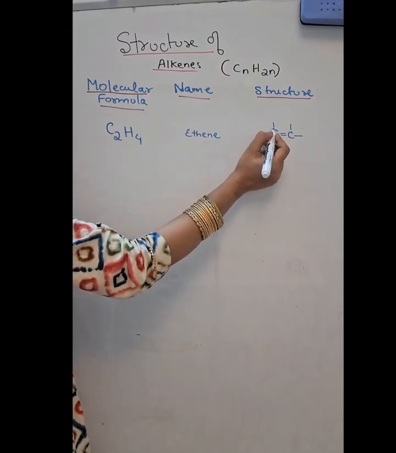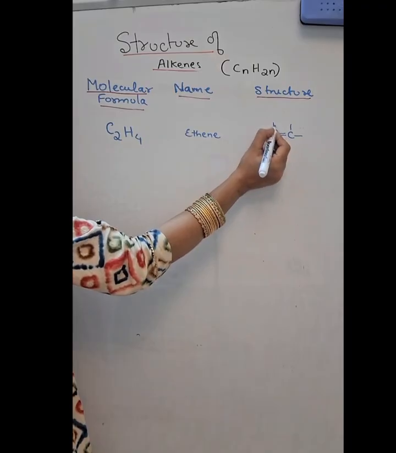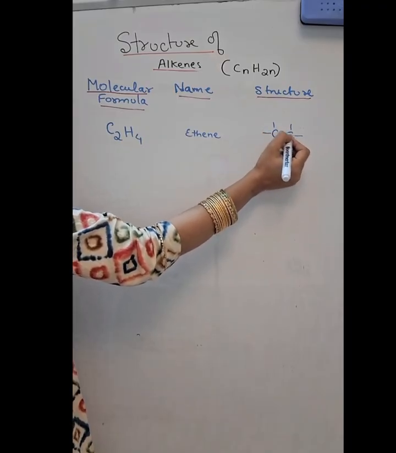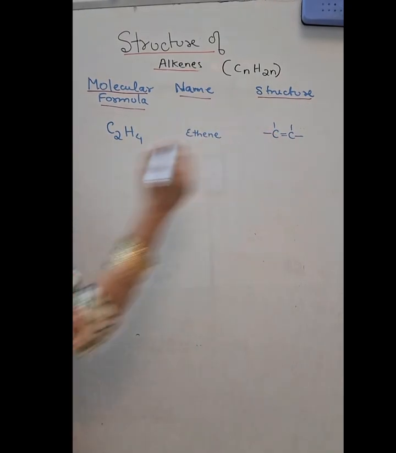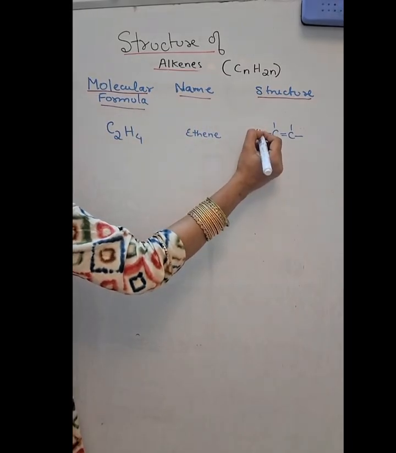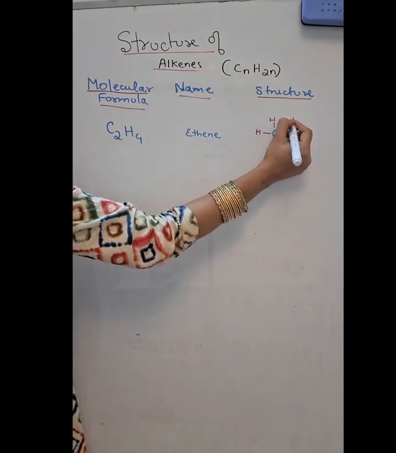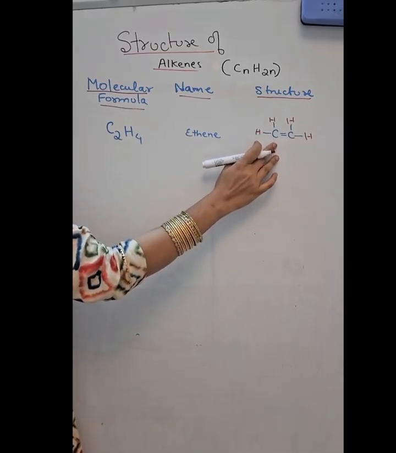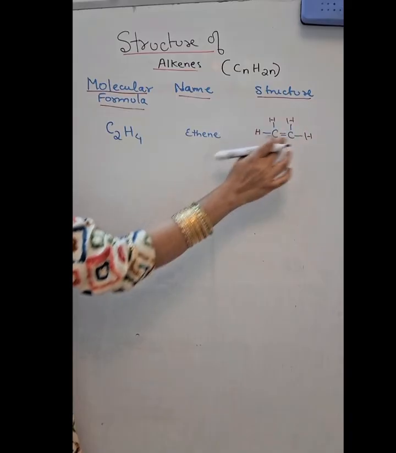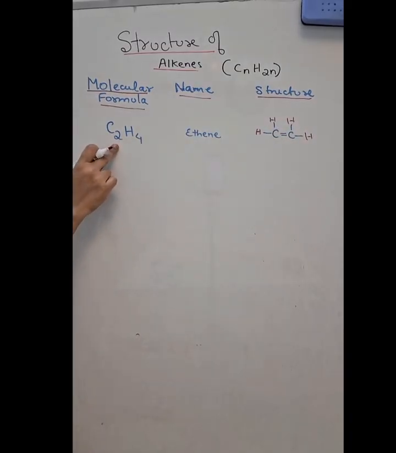Suppose I am considering this carbon, so 4 bonds is 1 2 3 4, and for this carbon 1 2 3 4, and now we will satisfy these with hydrogen. So here hydrogen, here hydrogen, here hydrogen, and here hydrogen. So my structure is correct because it is made up of 2 carbon and 4 hydrogen, which is the same as its molecular formula.